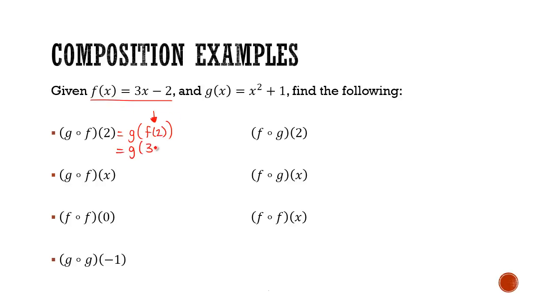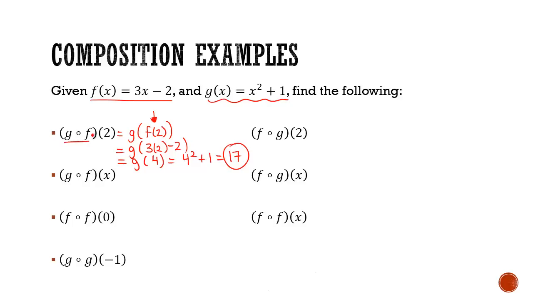What f does to 2 is multiplies it by 3 and subtracts 2. That gives us 6 minus 2, which is 4. And therefore, now we can put that into g, which then gives us 4 squared plus 1, which is 16 plus 1, which is 17.